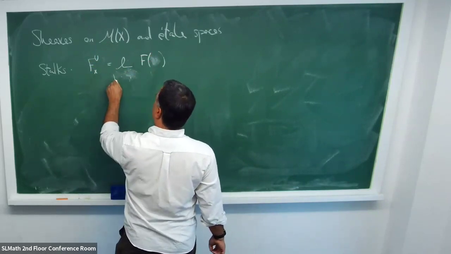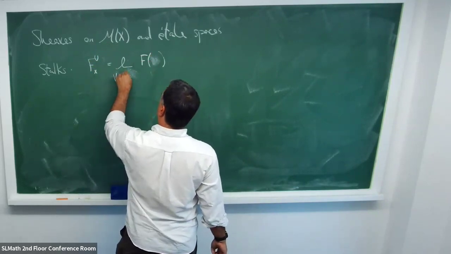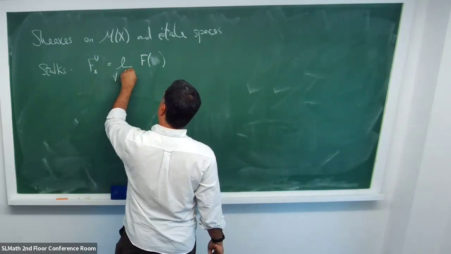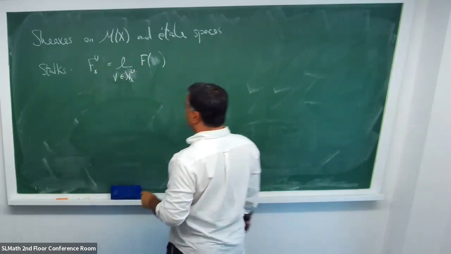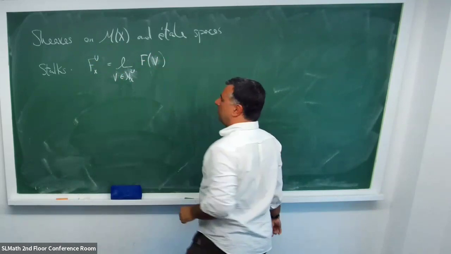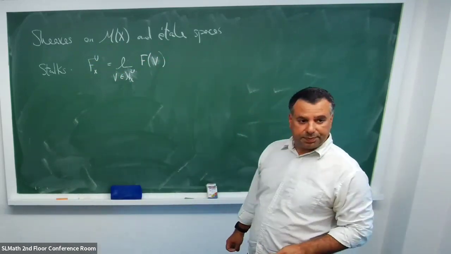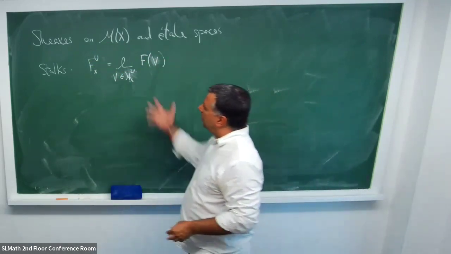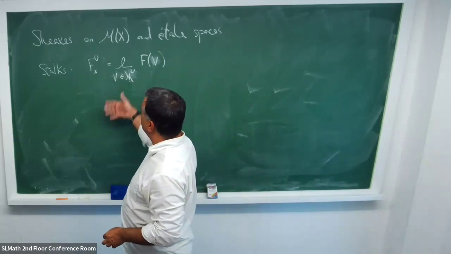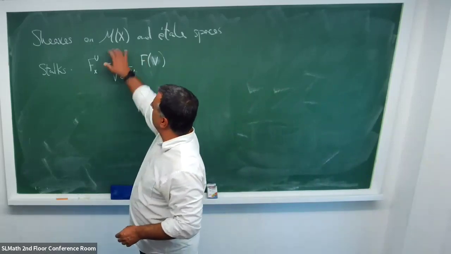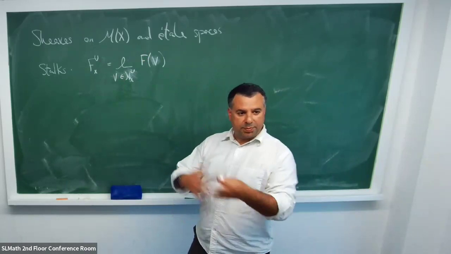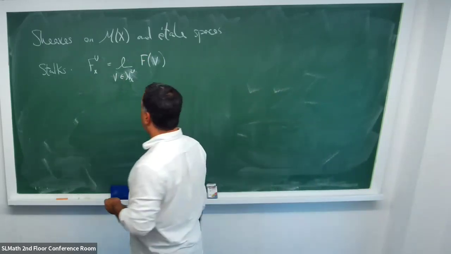Let's say B is in the neighborhood with respect to U, and now I look at limits. So now I have, instead of one space, I end up with a whole bunch, and I have to put them back together in some way.